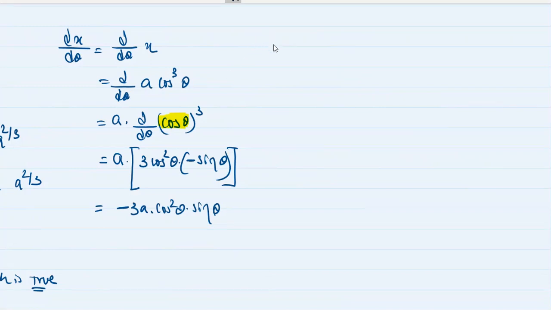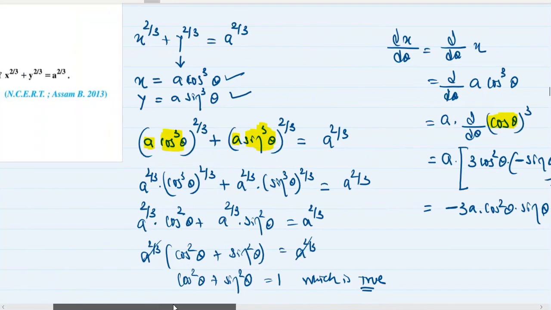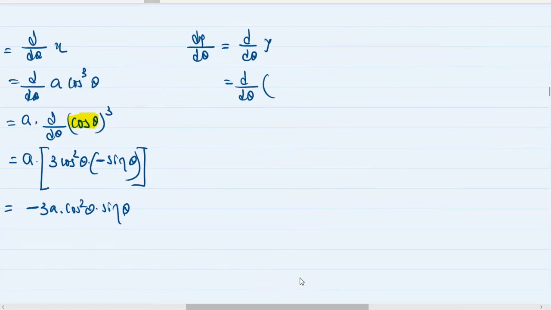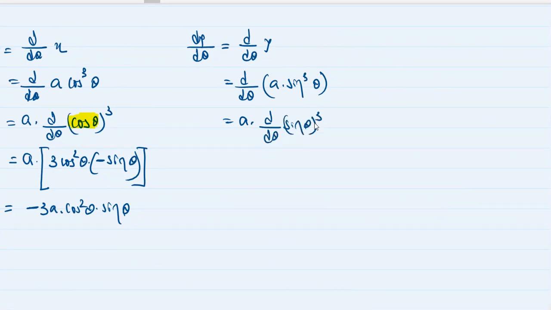Okay, next we have to find dy by d theta. Dy by d theta is d by d theta of y, and what is our y? A sine cube theta. So a multiplied by d by d theta of sine theta the whole cube.